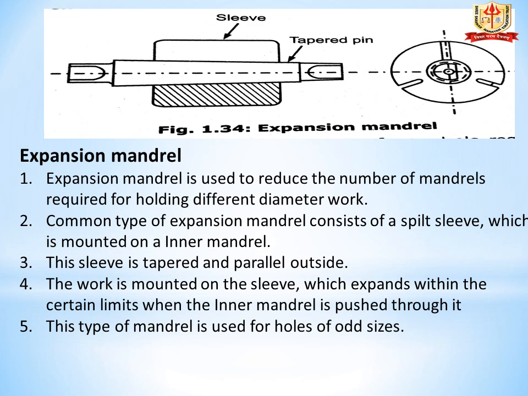Third point, this sleeve is tapered inside and parallel outside. Fourth point, the work is mounted on the sleeve which expands within a certain limit when the inner mandrel is pushed through it. Fifth point, this type of mandrel is used for holes of all sizes.